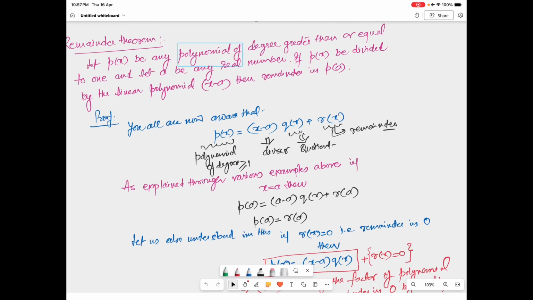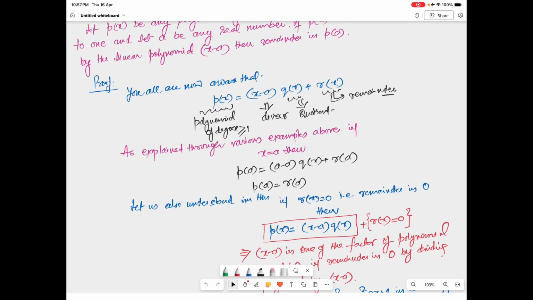If, as explained earlier, I put x is equal to a, what will happen? p of a will be a minus a into q(x) plus r(a). So p(a) will be r(a), as we have explained. Your remainder can be obtained directly by putting the value of a into the polynomial. So whatever value we get will be the remainder if I divide the polynomial by x minus a.